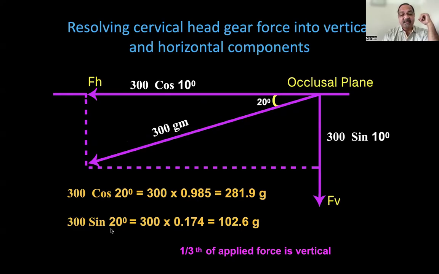And 300 sin 20 degrees is 102 grams, which is the vertical force generated. To do this, you ask the patient to put on the headgear, take a radiograph, and trace the line of force and the occlusal plane. The rest you can calculate using your protractor.